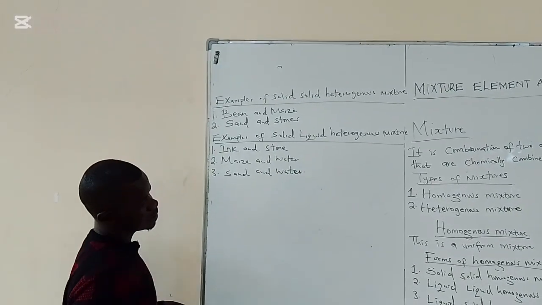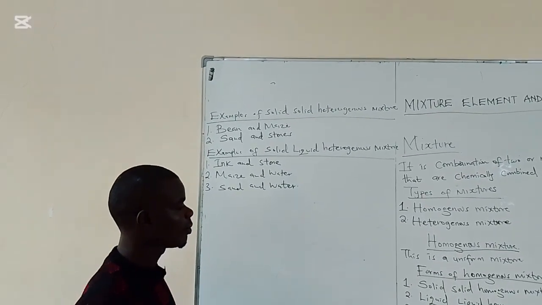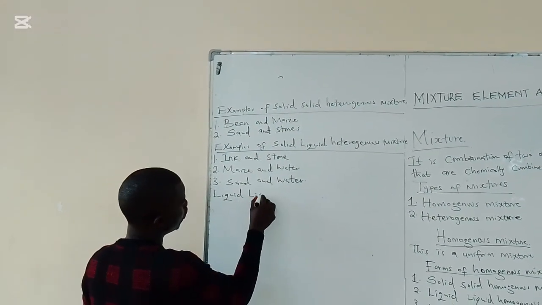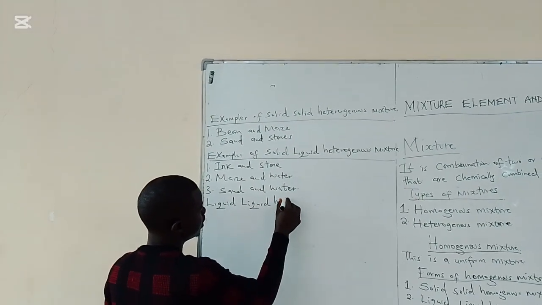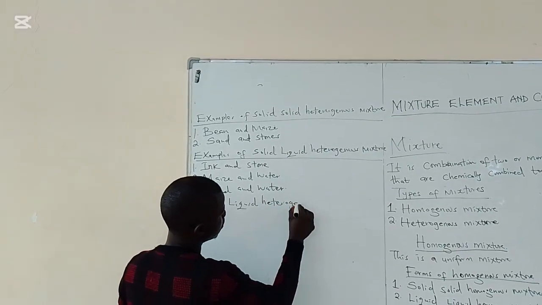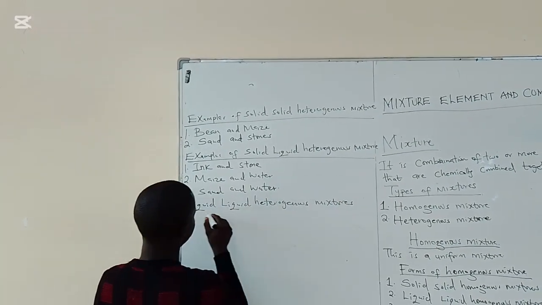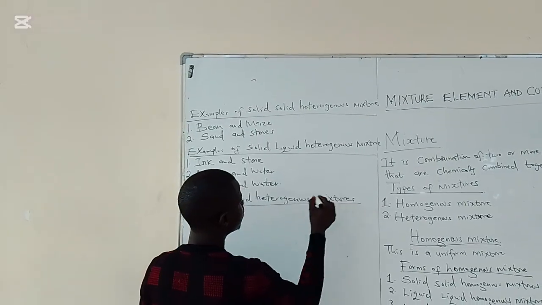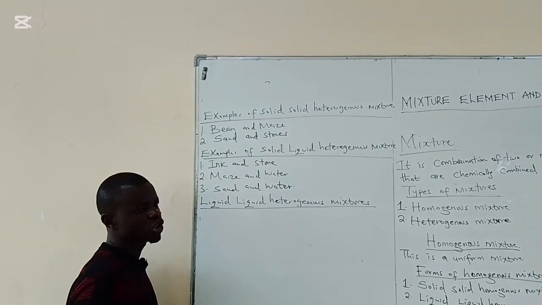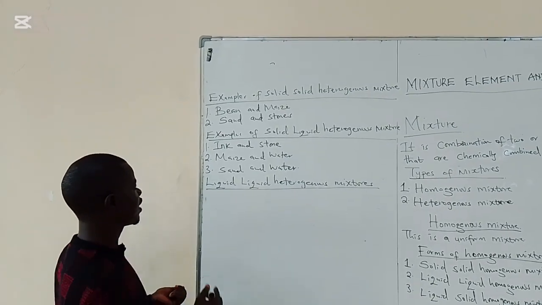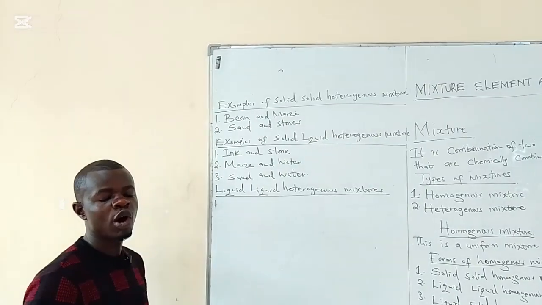Lastly, in relation to that, we're going to talk about liquid heterogeneous mixtures. In this one, these are liquid substances that do not combine together uniformly. So from here, we can give an example. We can talk of oil and water.